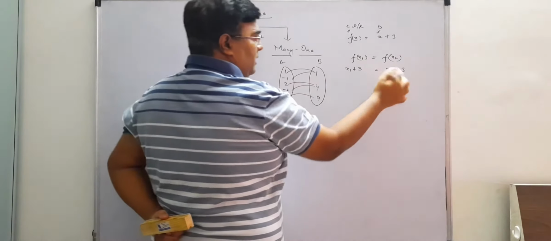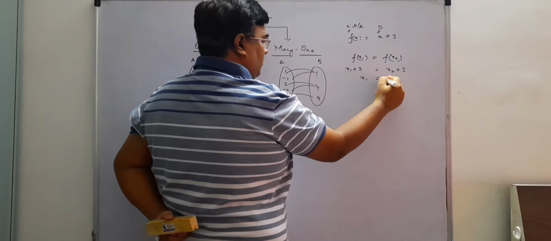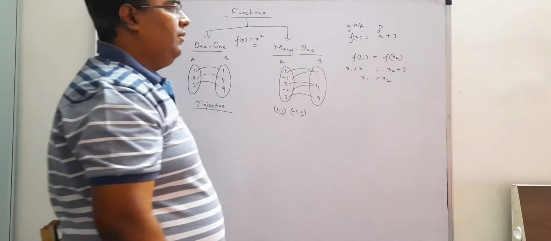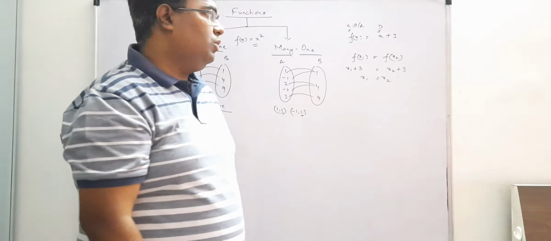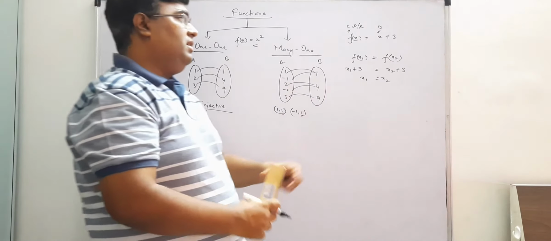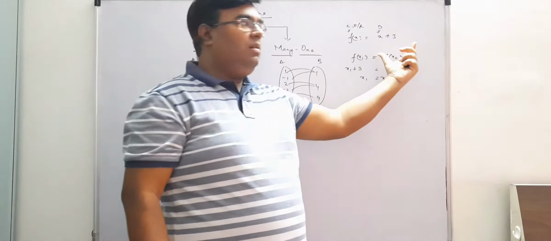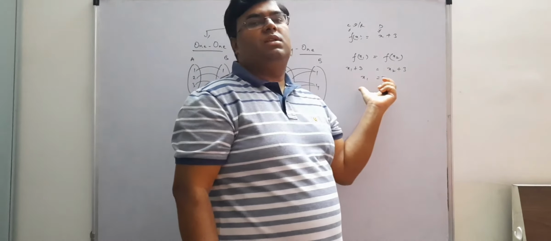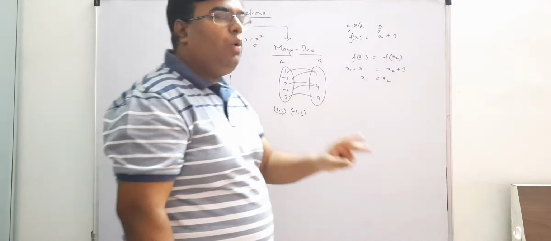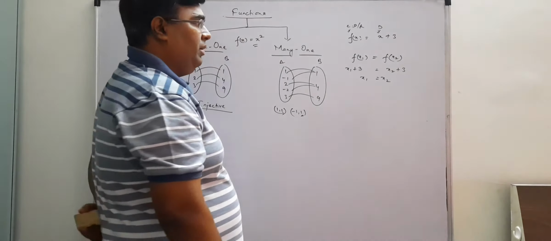The 3 will get cancelled. What do we get? We get x1 is equal to x2. It means if we take the second element as the same, my first element is also the same. It means there is no repetition of any ordered pair, right?